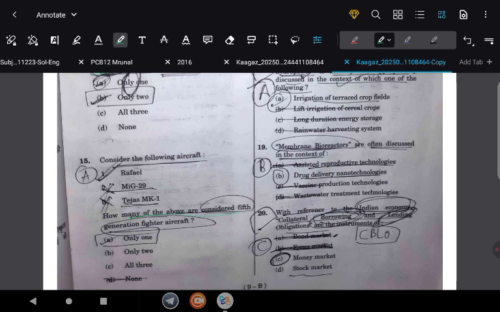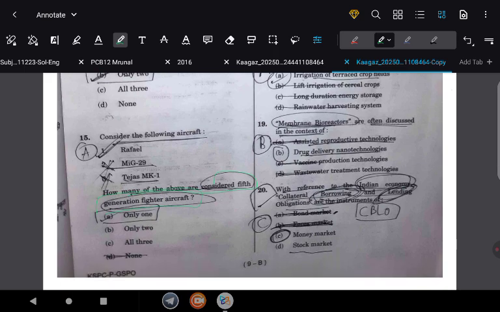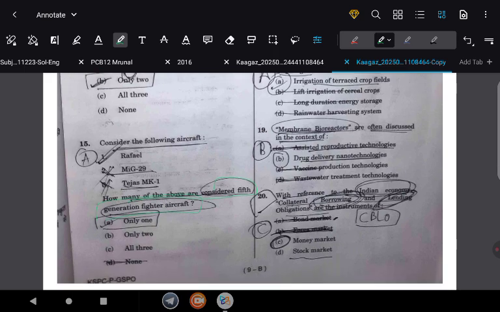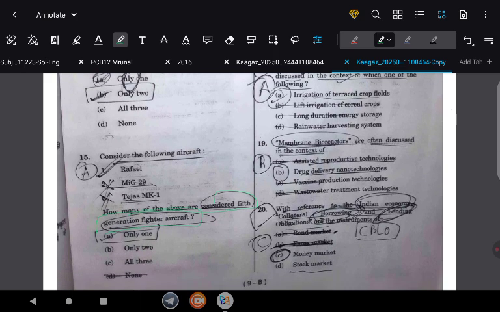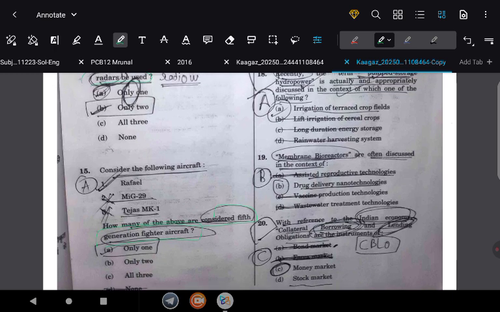How many of the above are considered fifth generation fighter aircraft? Then, as you can see now, some people may think, okay, should we also go for all three over here in these questions? No, there's a difference. This is a very definite question, because fifth generation aircraft, fourth generation aircraft, these are technologies which are defined.